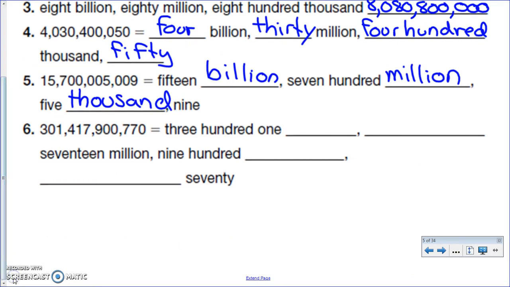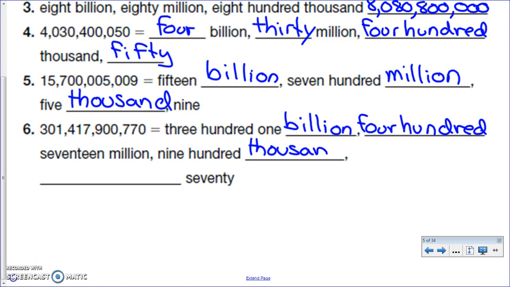For 6, we have 301 billion, 417 million, 900,000, 770.